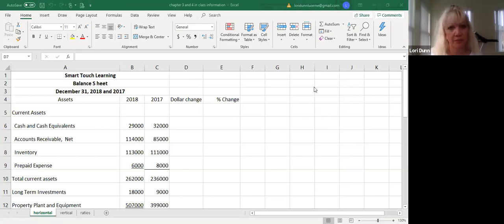Okay, so what we were talking about last Thursday, getting back into a little part of chapter 3 and a little part of chapter 4. It's basically the ratios for the project and the horizontal and vertical analysis for the project.